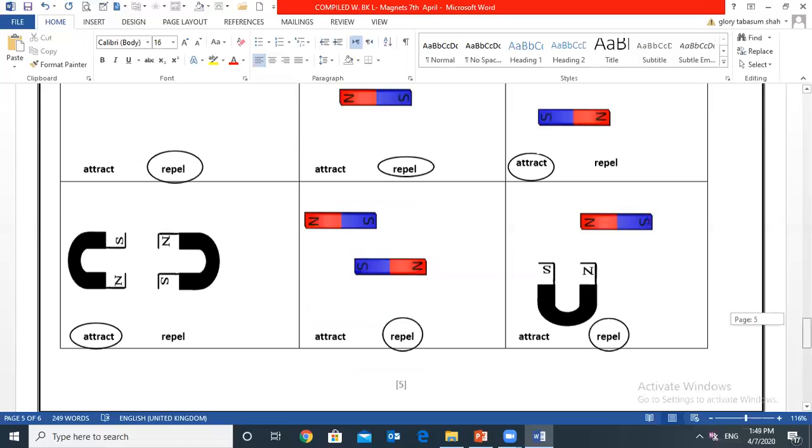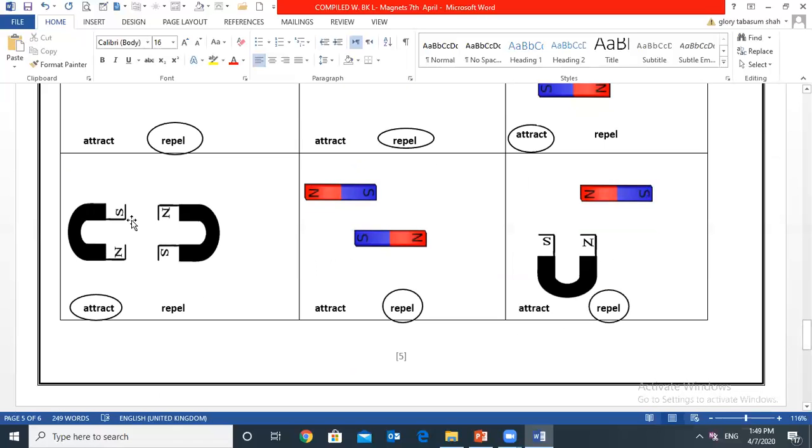Now, next picture. South, North, North, South. They are again unlike. So, unlike poles, attract. South, south, they are like poles, so they repel. North, north, they are like poles, so they repel.